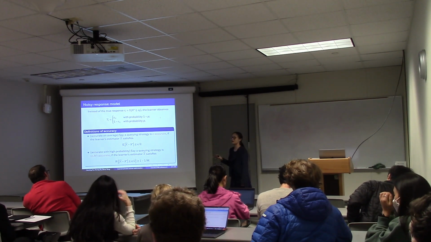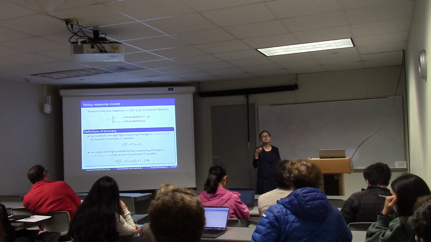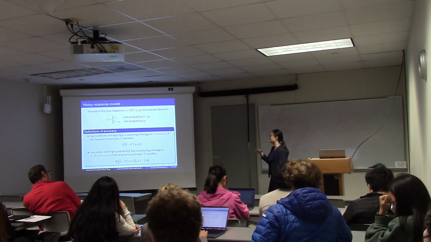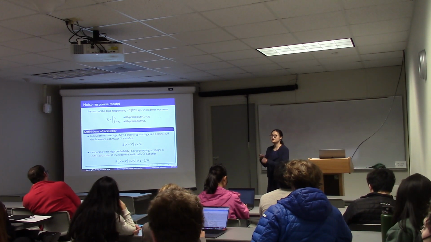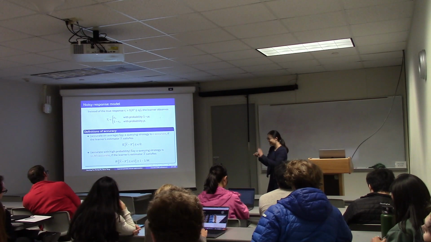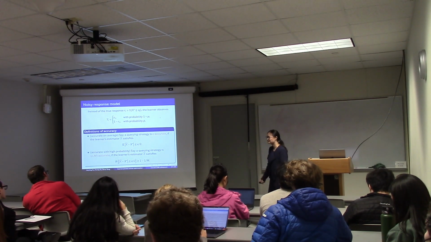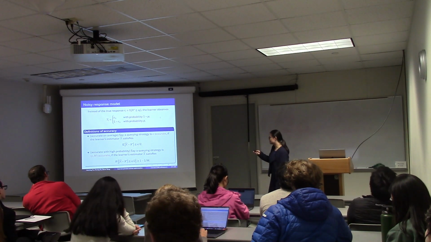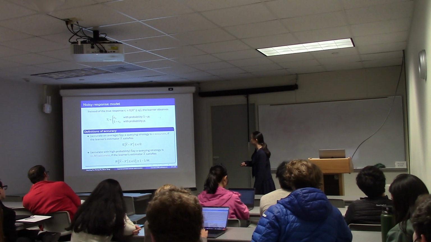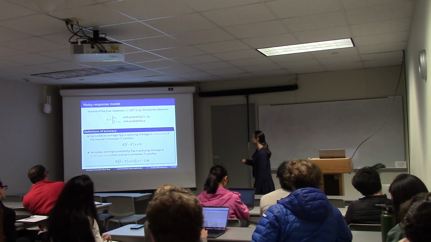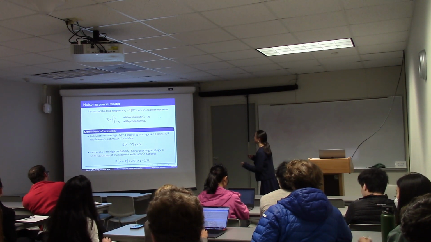So maybe instead of the binary response, you receive a response that's noisy, that's flipped through a probability channel with probability P. When this happens, we need to come up with other definitions of accuracy, because the learner can no longer achieve accuracy with probability 1.